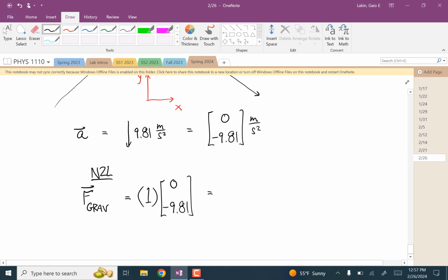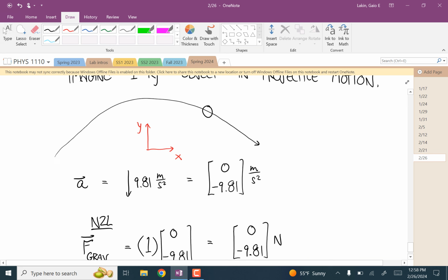And so the gravitational force on this object is 0, negative 9.81 newtons. Okay, so based on this, we maybe think, okay, this 1 kilogram object has a force applied by gravity that's down at 9.81 newtons. Maybe gravity applies 9.81 newtons down to everything. Okay, maybe. So now let's think of something with a different mass and see what happens.